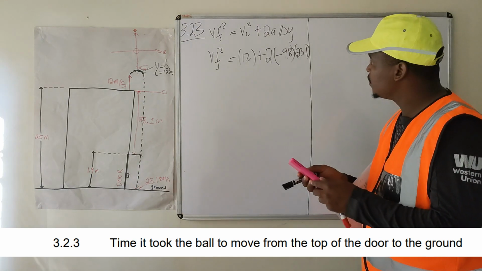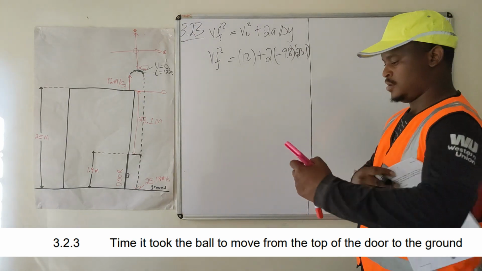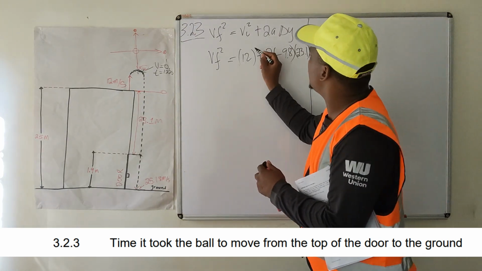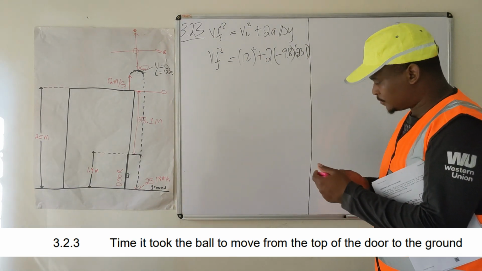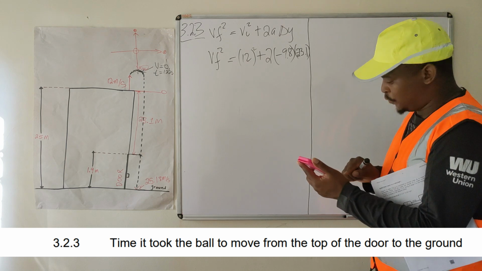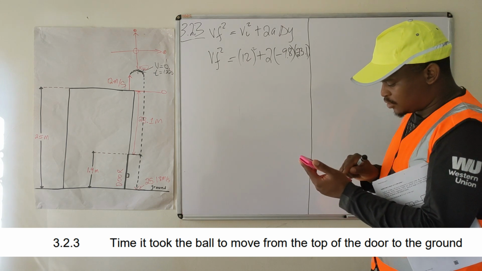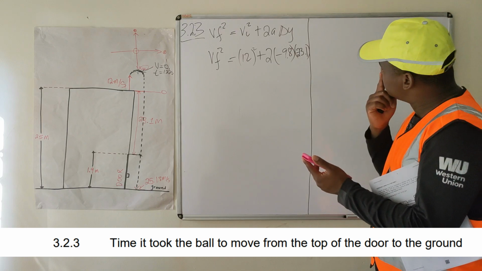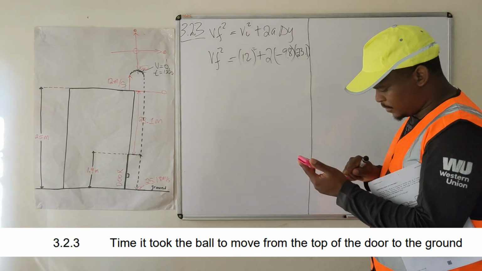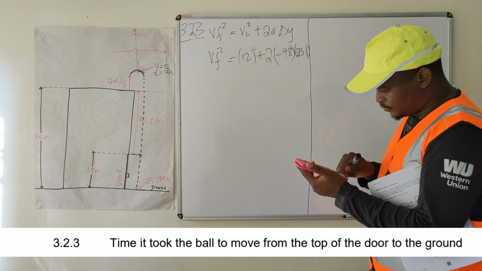Then you punch that in the calculator. So you're saying 12 squared plus 2 times negative 9.8 times negative 23.1.